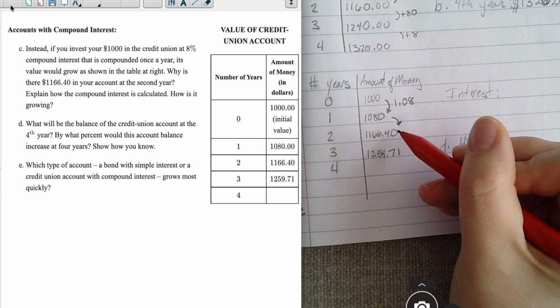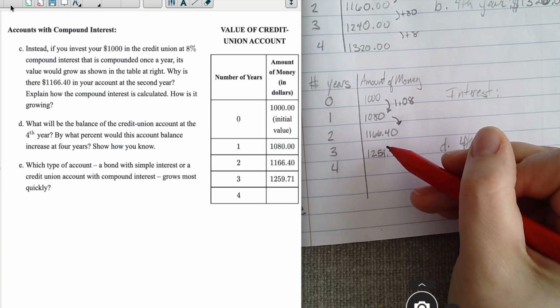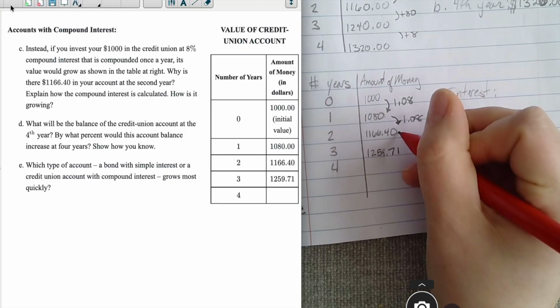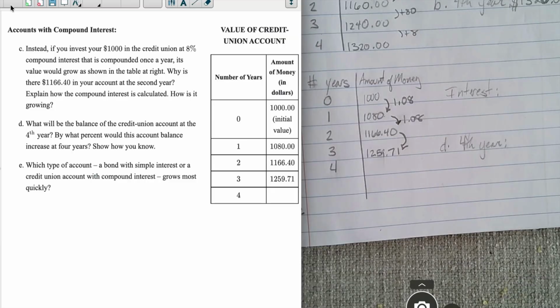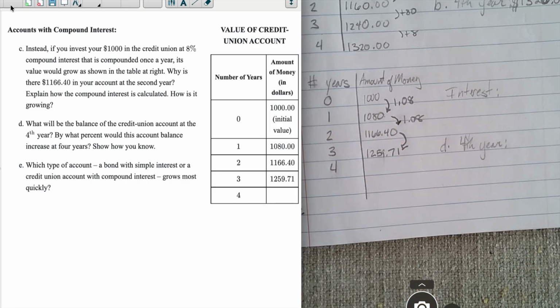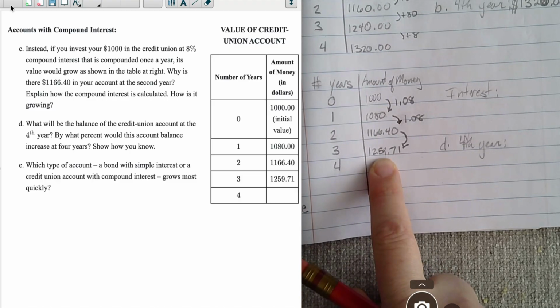And I do get $1,166.40. So I am multiplying by 1.08. Just to test to be 100% sure this works, I'm going to take $1,166.40 and multiply it by 1.08, and I should get this number, which I do.